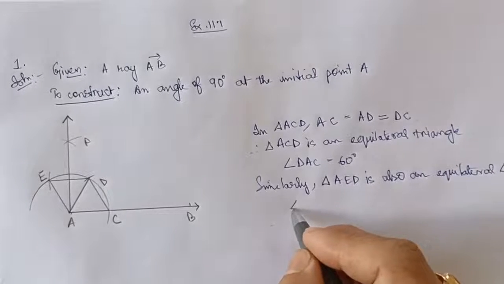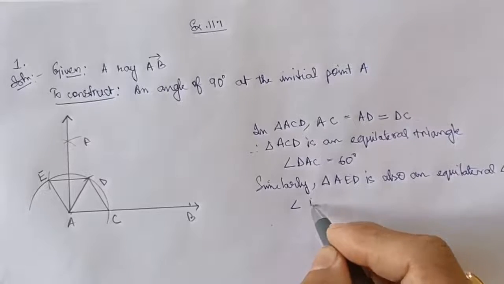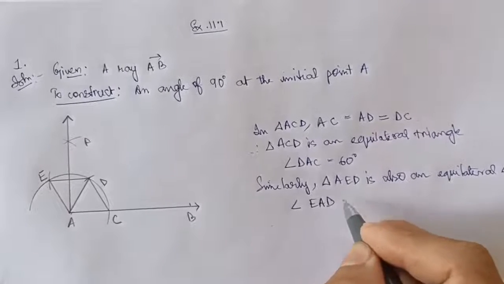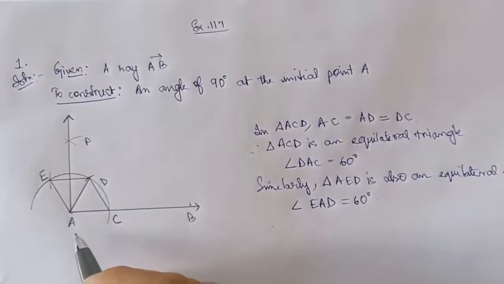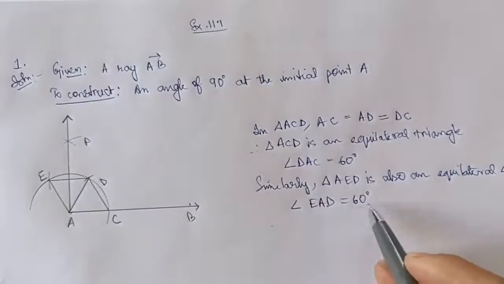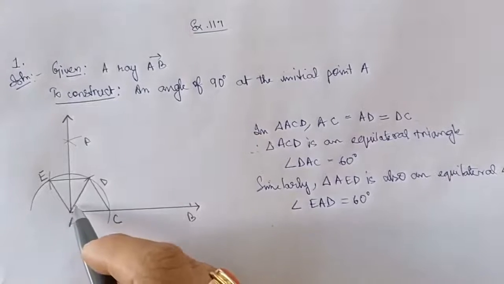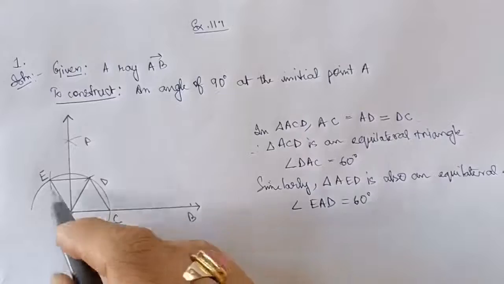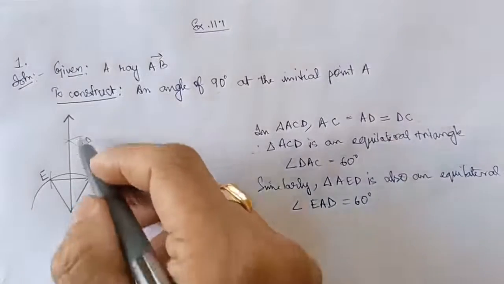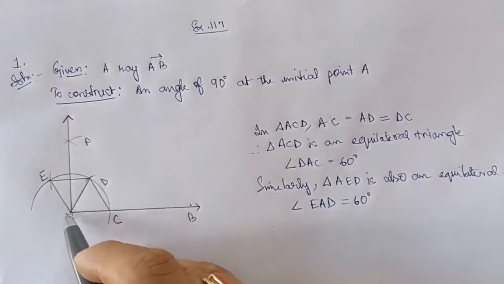So the measure of angle EAD will be equal to 60 degrees, this particular angle. Since this triangle AED is an equilateral triangle, AF will be the bisector of the angle EAD.